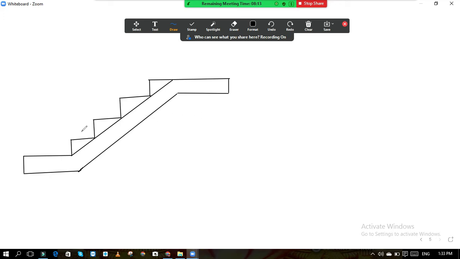So if you give the name, these are steps. This is your waist slab, the slab below the staircase. Now what they have told us is when it is supported at the end of the landing.